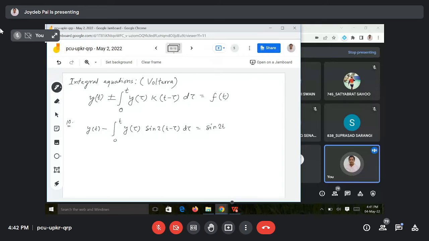So you can exactly match it with the integral equation form. Here the sign is minus, k(t minus tau) is sin 2(t minus tau), and f(t) is sin 2t.